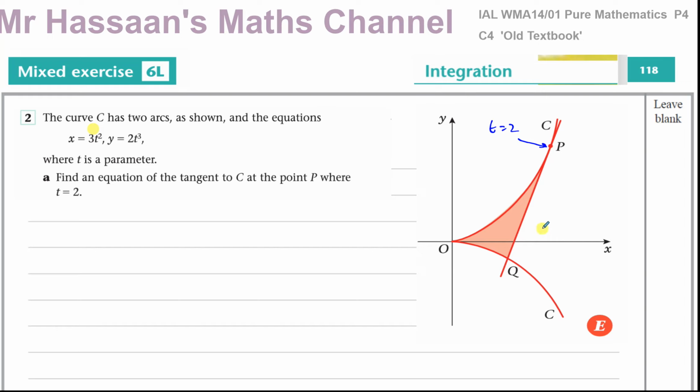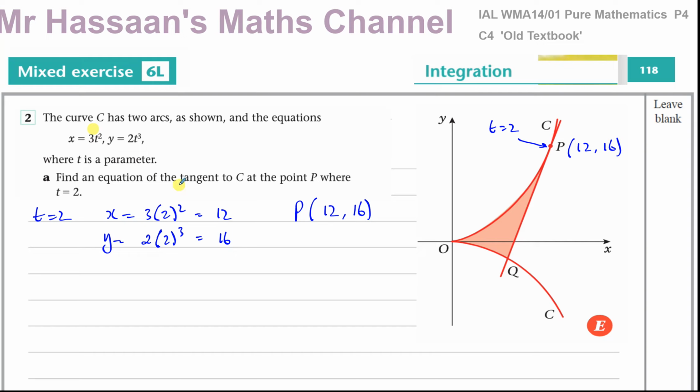So we can find the Cartesian coordinates of point P. When t equals 2, x equals 3 times 2 squared, because x equals 3t squared, which is 3 times 4, which is 12, and y equals 2 times 2 cubed, which is 2 times 8, which is 16. So the coordinates of the point P are 12, 16.